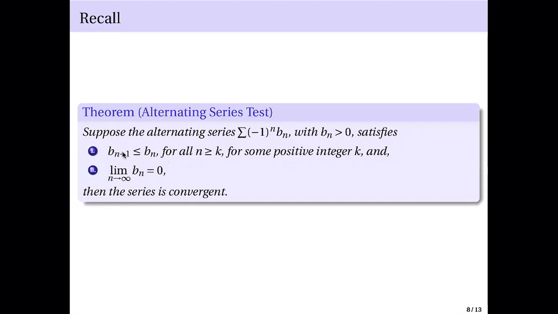And then, the second condition is the limit of Bn equals 0. Then, our conclusion is that itong alternating series natin ay convergent.